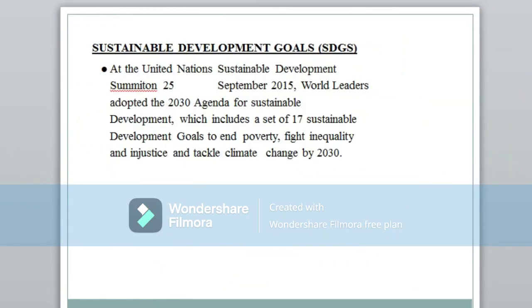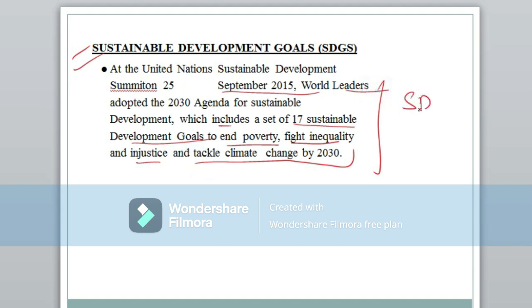It can be asked. Now what is the sustainable development goal? The sustainable development goals were put forward in September 2015. World leaders adopted the 2030 agenda for sustainable development, which includes a set of 17 sustainable development goals: end poverty, fight inequality and injustice, and tackle climate change by 2030.